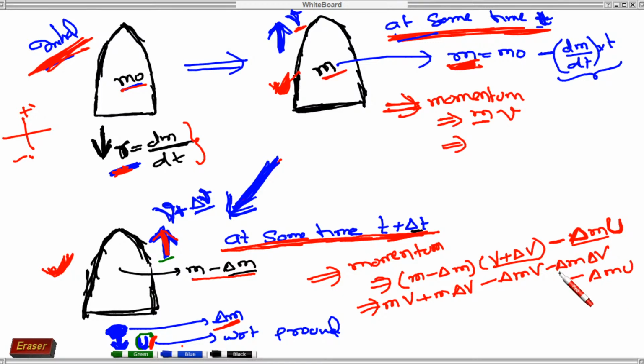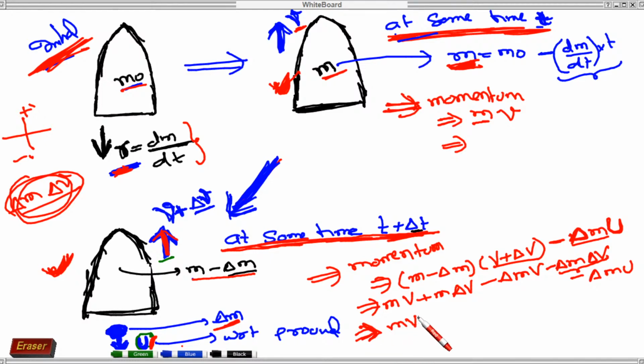The thing is that delta m and delta v will be very small. Delta m is small and delta v is also small, so the product will become very small. So we are going to neglect it. Okay, so it will become mv plus m delta v minus delta m v minus delta m u.